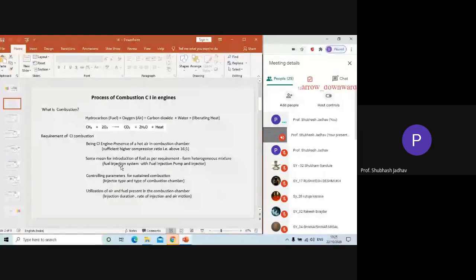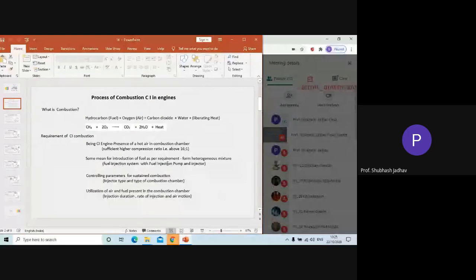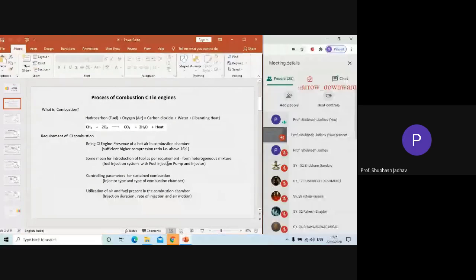Then we require a fuel injection system, comprising a fuel injection pump, a fuel injector and some other parts, which ensure the fuel is injected in the form of droplets of proper size, resulting in the preparation of a heterogeneous mixture.